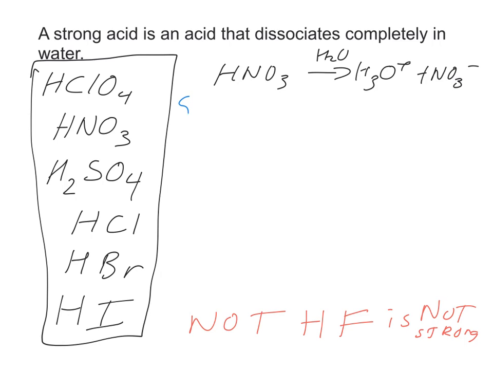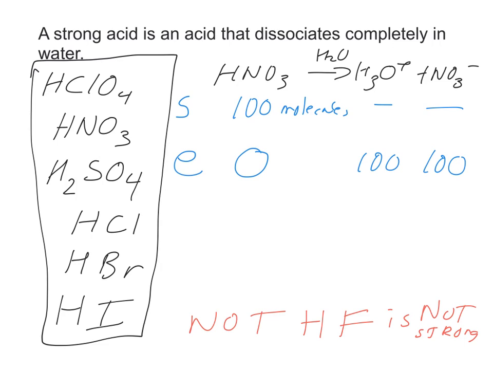Meaning if I start with 100 molecules of nitric acid, then at the end of my reaction, I'm going to have 0 molecules of nitric acid left, 100 hydronium ions, and 100 nitrate ions.